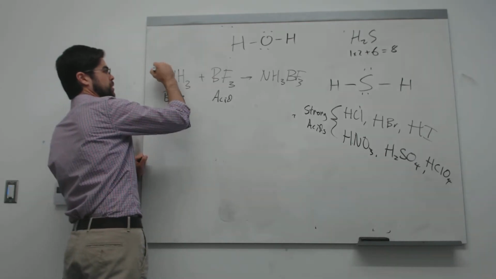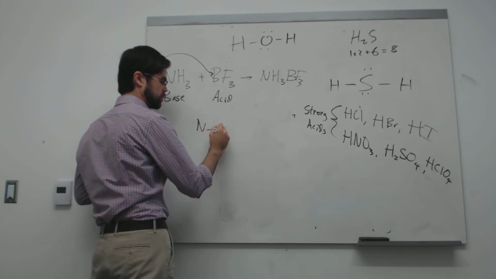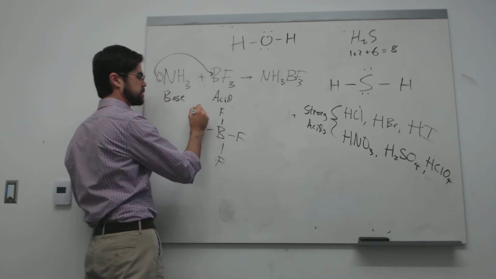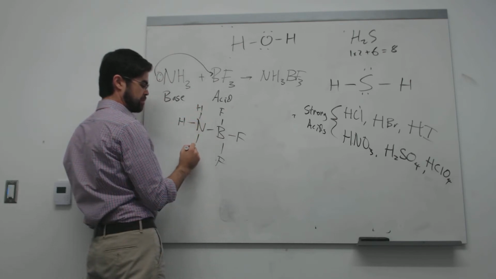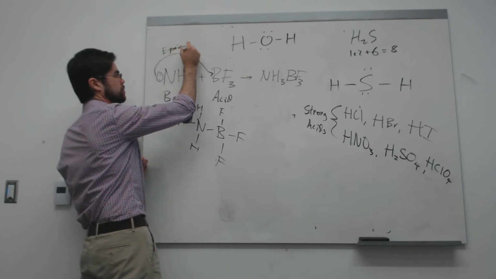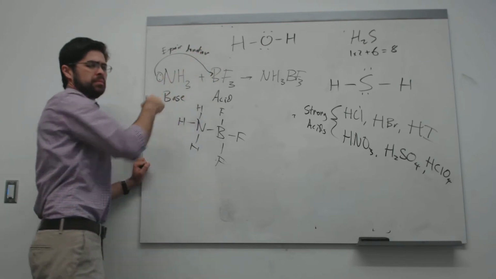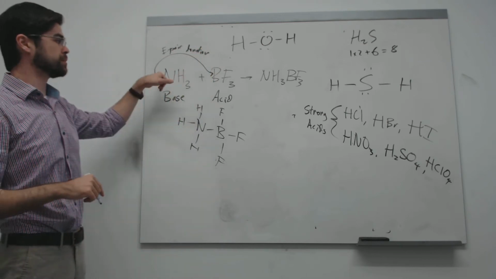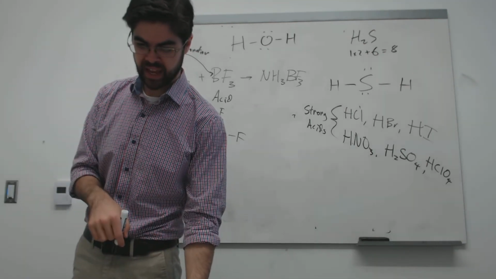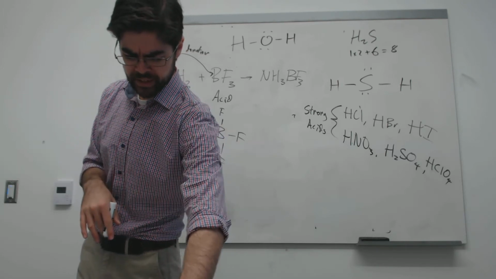It has a lone pair that it donates to the boron and makes a bond between the nitrogen and the boron atoms. That method of action, electron donation, the fact that the ammonia is the one that's donating them, is what makes ammonia a base, according to the Lewis classification of acids and bases.